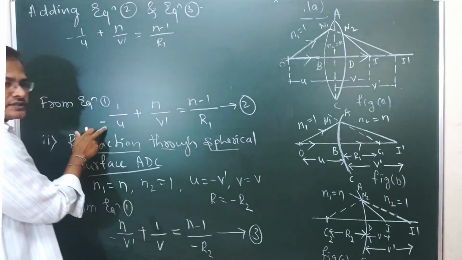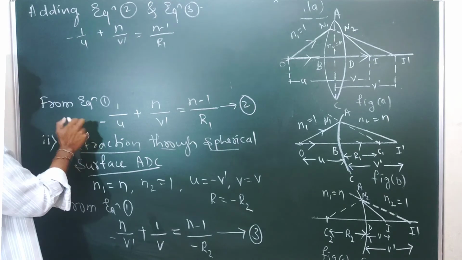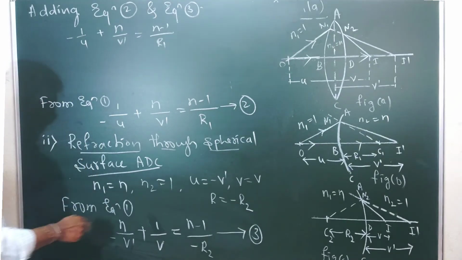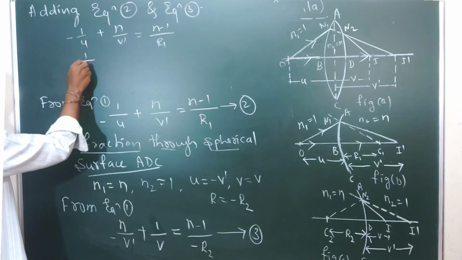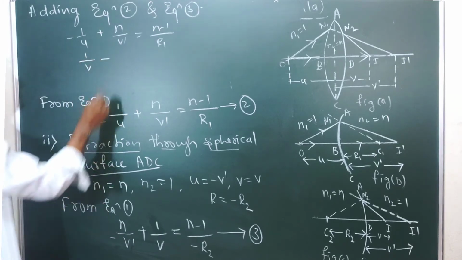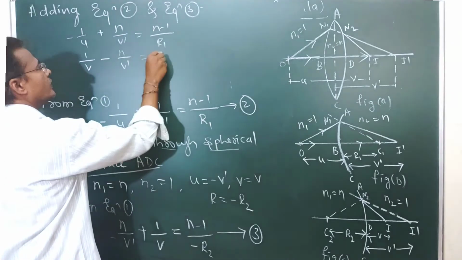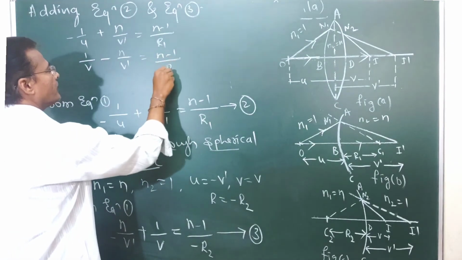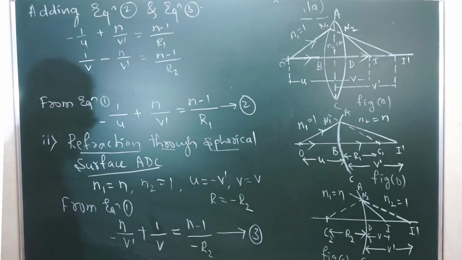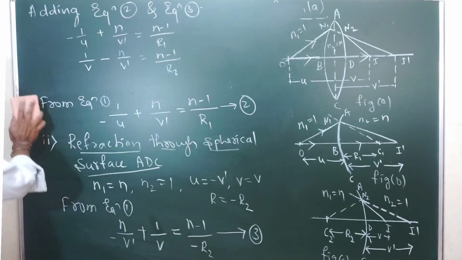So this I have written. Now equation 3 we are going to add. First we write down 1 by V minus N by V dash equal to N minus 1 divided by R2. Followed? I hope you people are understanding.